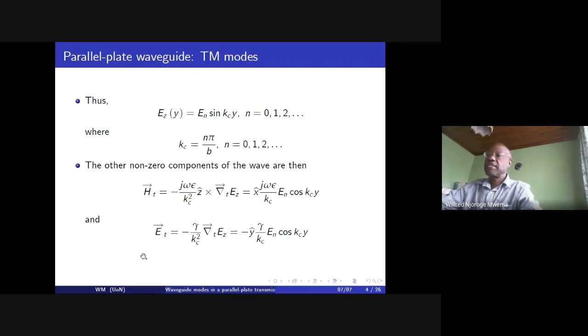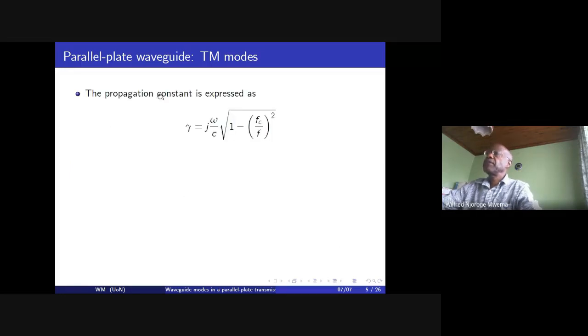And the transverse electric field intensity will be given by minus gamma by kc squared times the gradient of Ez, and this is equal to minus y cap gamma by kc En, the cosine of kc y.